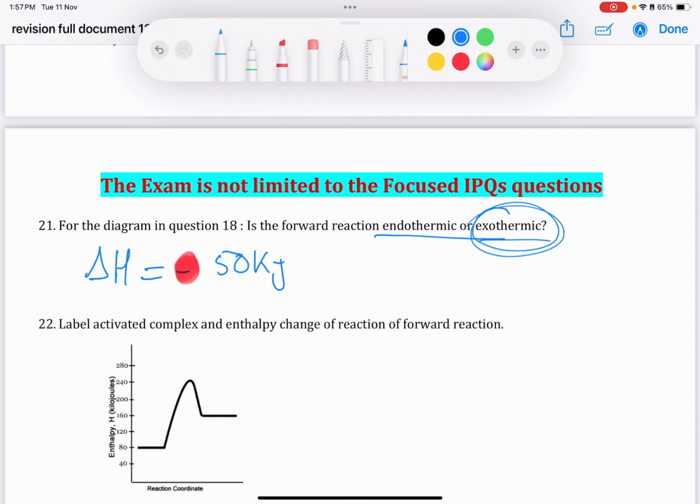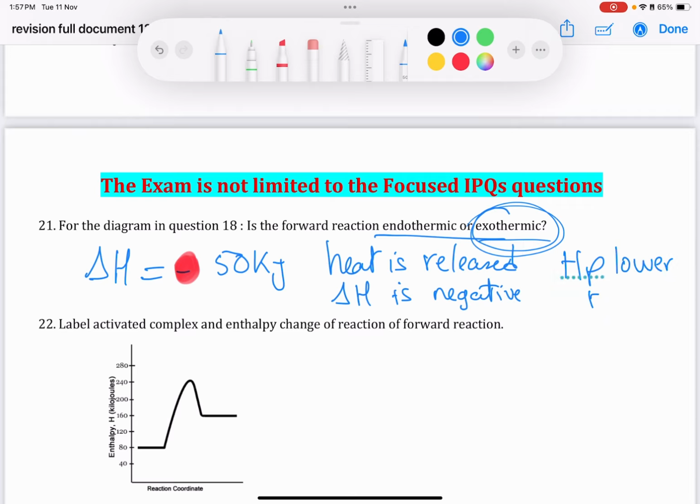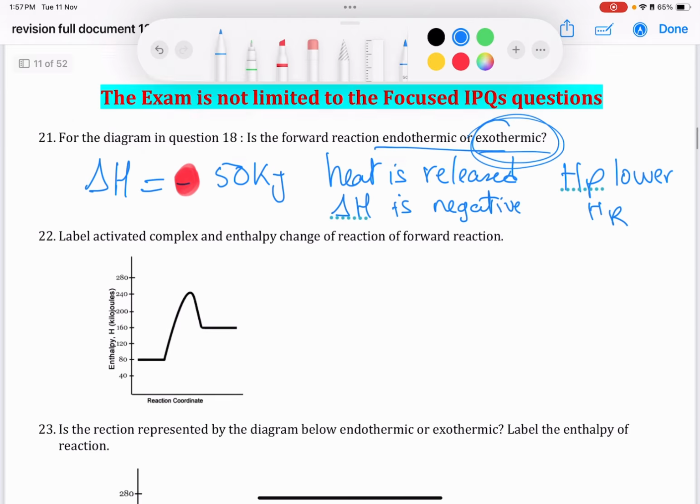And when they tell me to justify, I say because heat is released. I can also say because delta H is negative. And I can also justify by saying the enthalpy of product is lower than the enthalpy of reactant. All of these are accepted justifications.